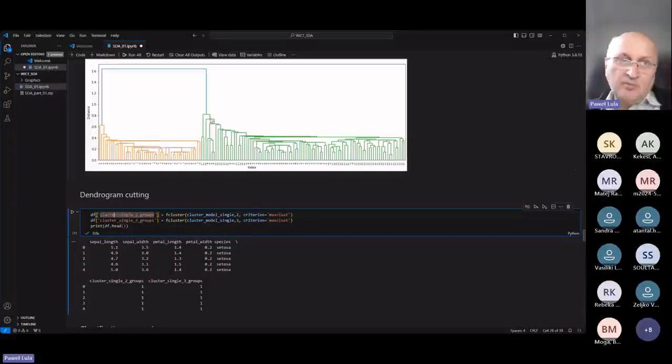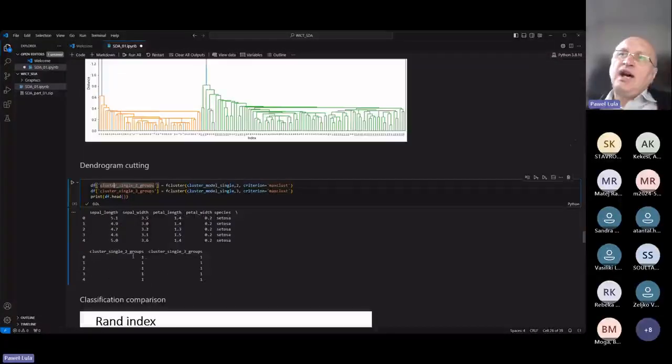So we know, comparing these results with the information about the proper assignment of objects to clusters, that the results are not correct. So here I added the information about the clusters which I obtained into my data frame.